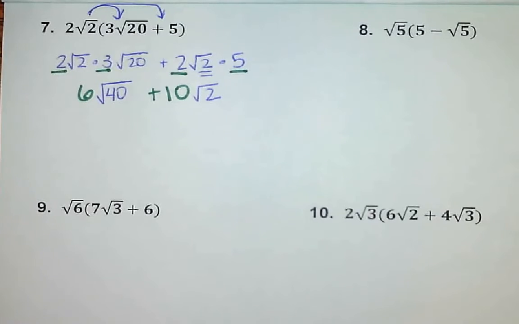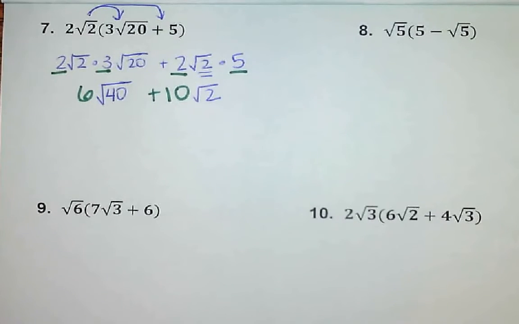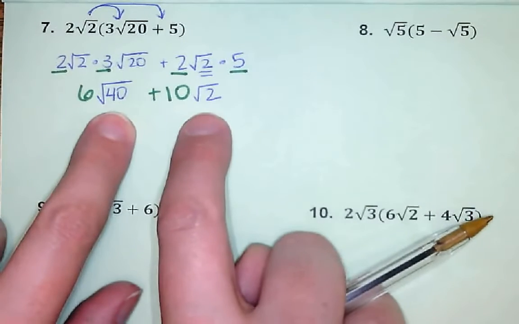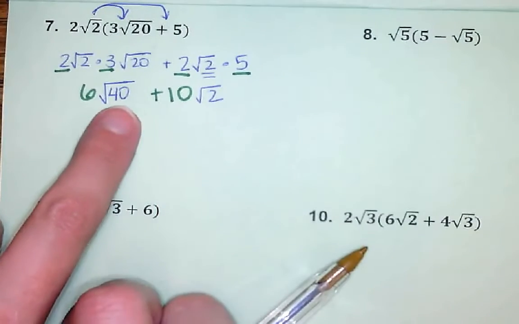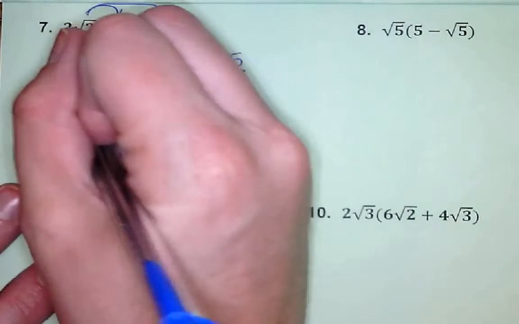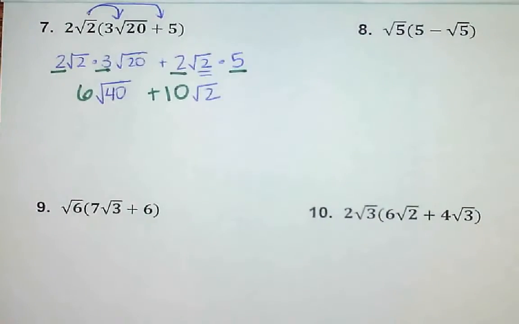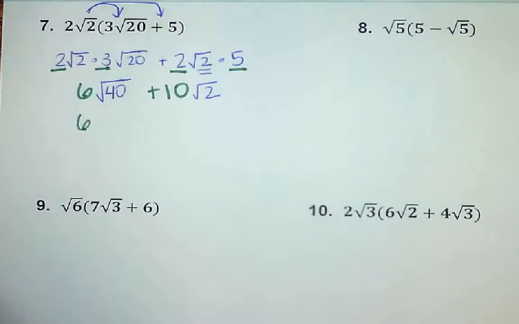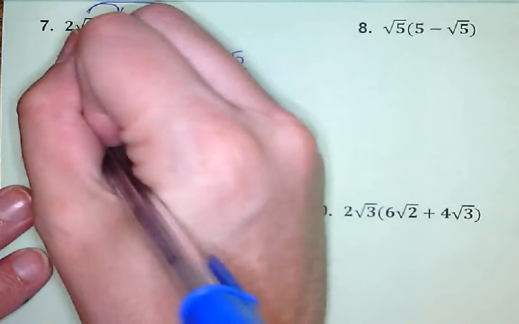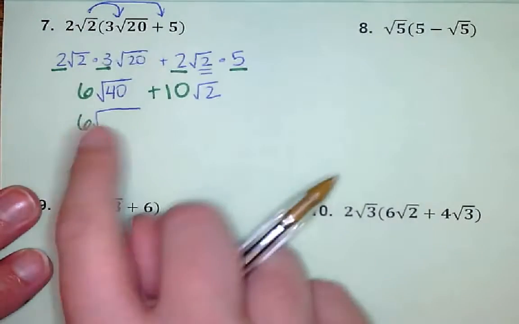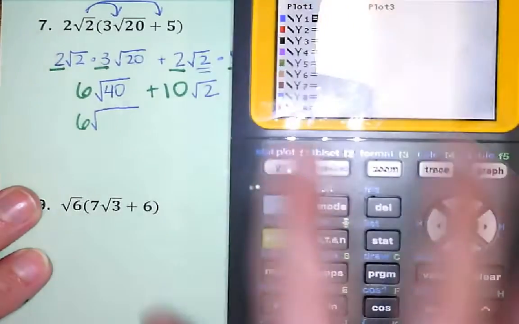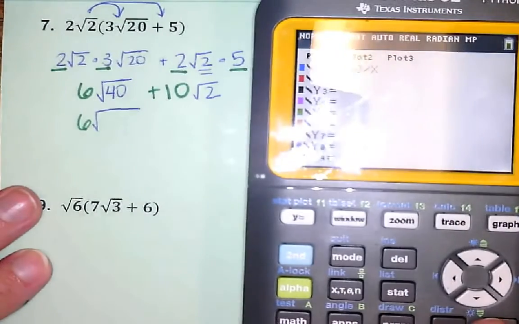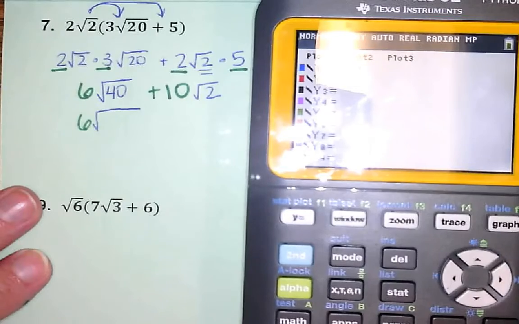No. The square root of 40 can be simplified. So we simplify this guy just like we did the other one. This becomes 6 square root of, what is a perfect square that goes into 40, y'all? 9 does not. Let's look at this. If we have 40 divided by x, what is a perfect square? 40 is not, 20 is not, 10, 8 is not.